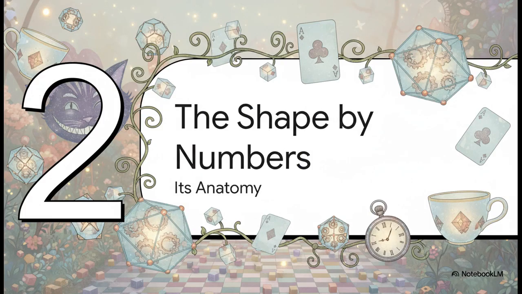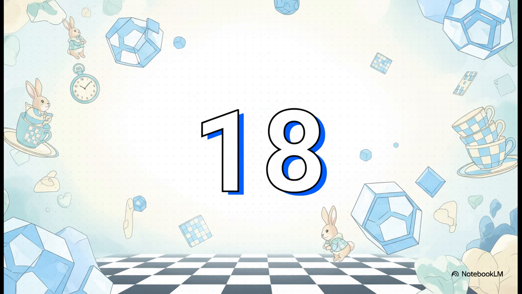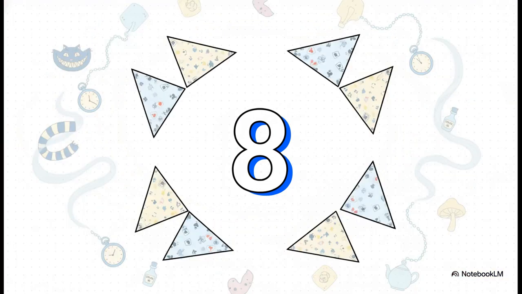Okay, so what exactly is this thing made of? Let's break down its anatomy, piece by piece. If you look at its surface, it's actually a mosaic made of 2 different shapes. First up, it's got 18 perfect squares. And then, filling in all the gaps, you've got 8 perfect equilateral triangles. And if you think back to that cube, these triangles are sitting right where the corners of the original cube would have been.